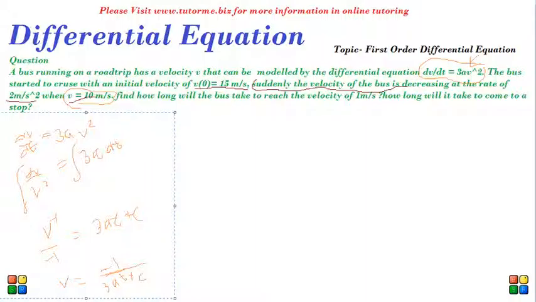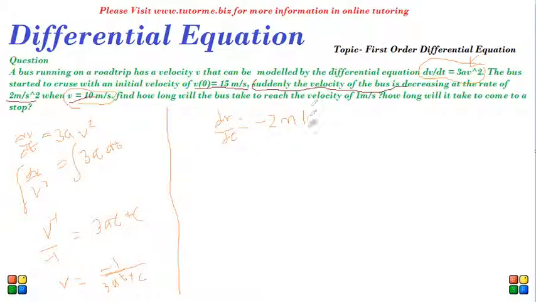Now we need to find also the value of my a. If you look at the second condition, when the velocity was 10 meters per second, the bus started decreasing at the rate of 2 meters per second squared. So dv over dt, which is the rate of change of velocity, which is acceleration, is negative 2 meters per second squared because it started decreasing, and that is equal to 3a times 10 squared.